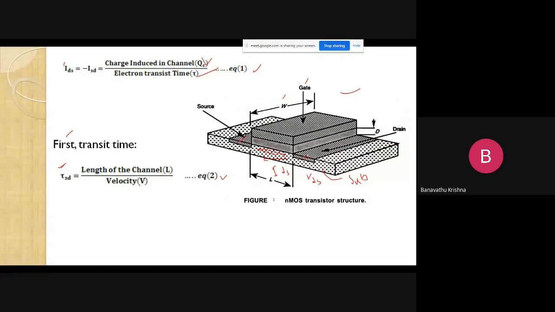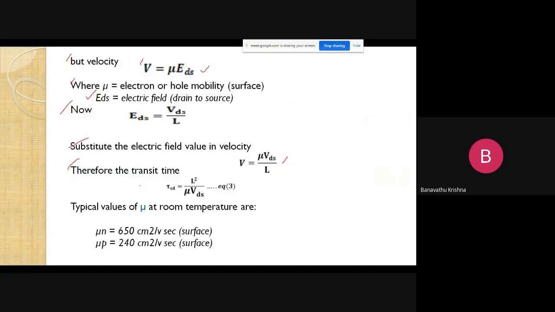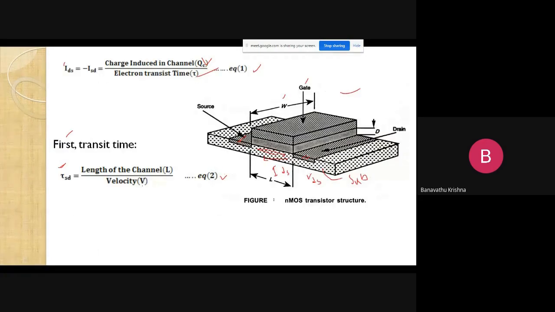That's why I'm saying keep these equations. Therefore, the transit time tau sd equals, substituting this value in equation 2, L divided by mu VDS by L.